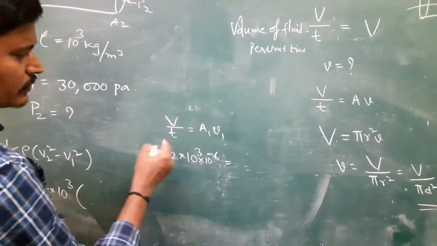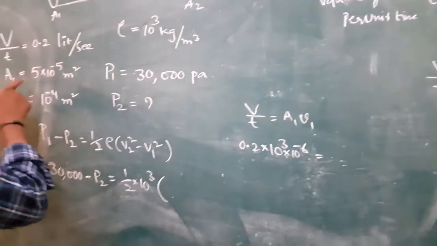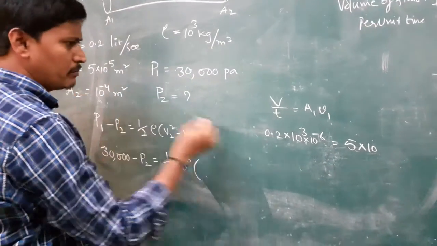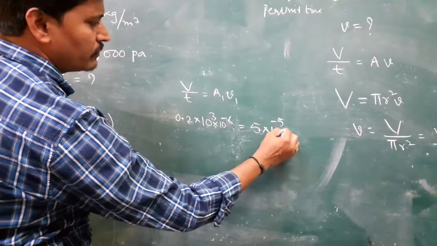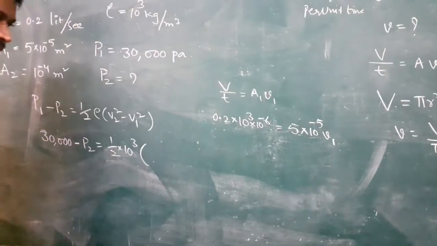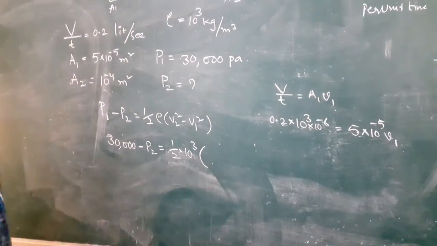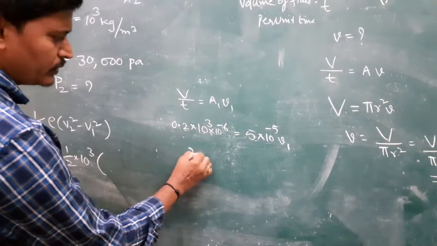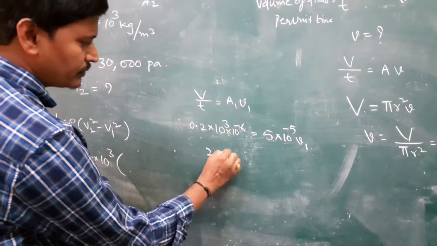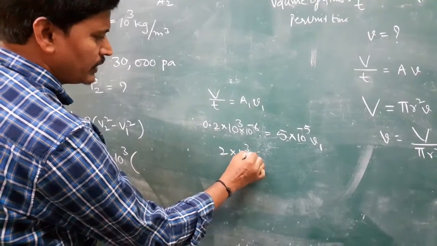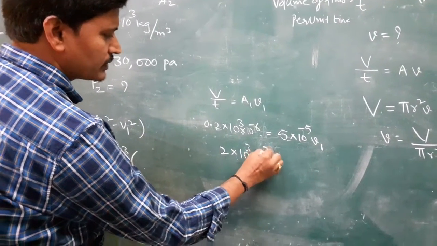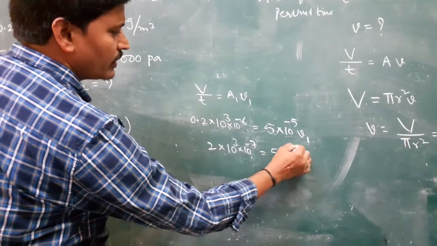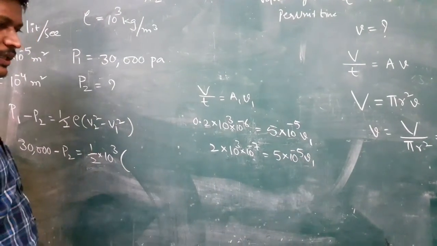So that is equal to A1, 5 into 10 power minus 5, into velocity V1. That is 2 into 10 power of minus 4, that is 5 into 10 power of minus 5 V1 actually.